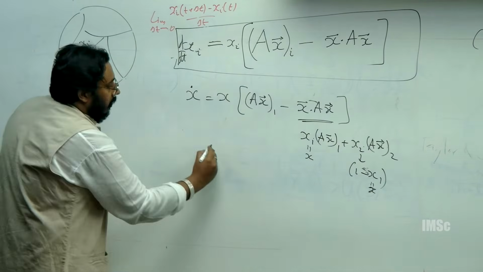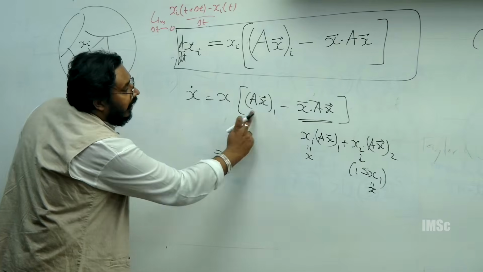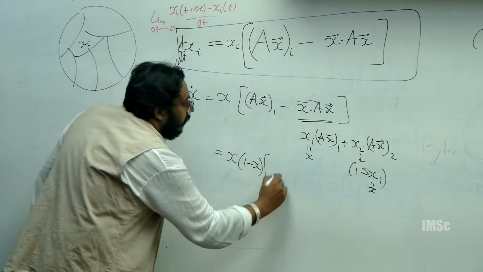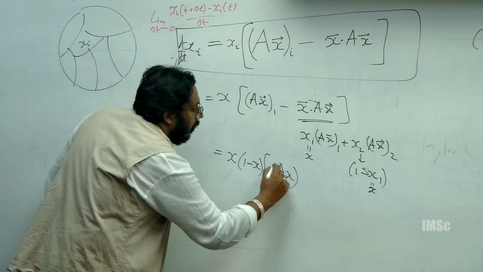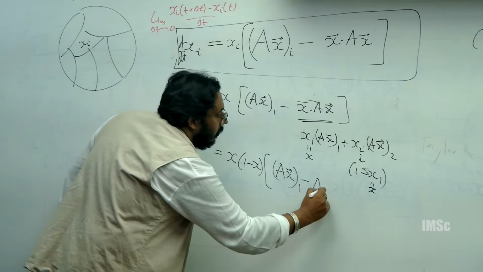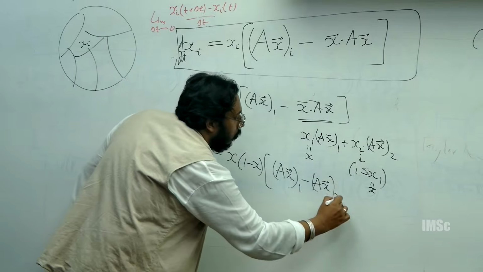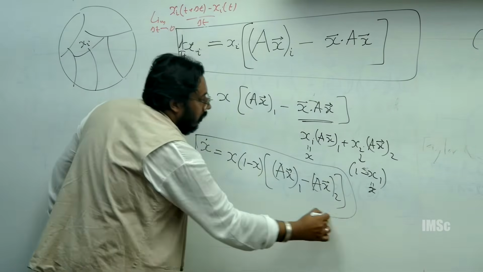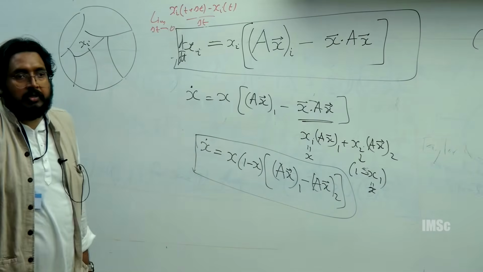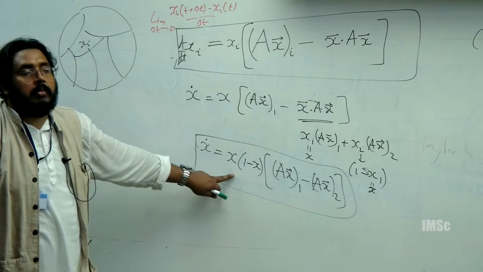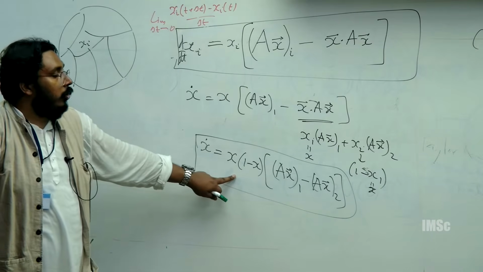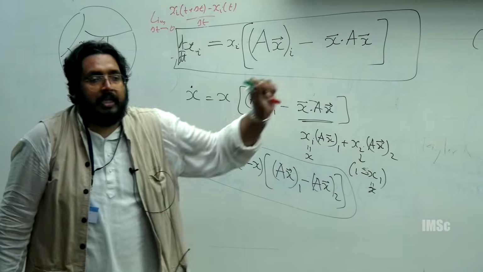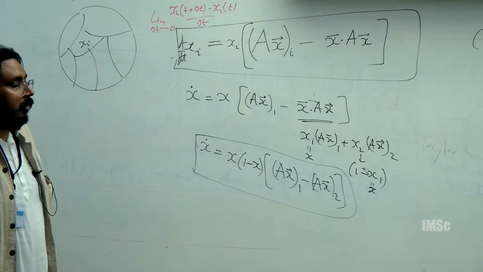So you can see this can be written down by taking 1 minus x common, and you are left with Ax1 minus Ax2. So simple algebra gives you a simpler form for a case where you only have two of the strategies picked, just the way we have picked there.